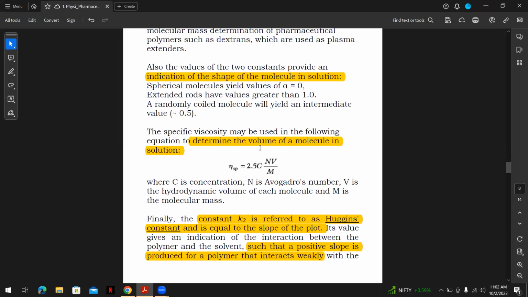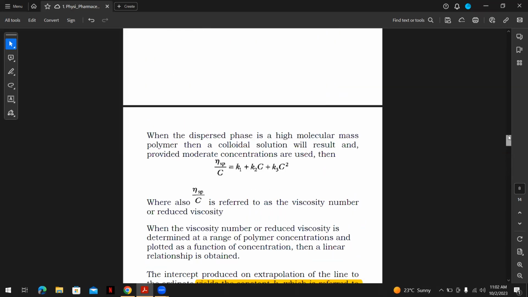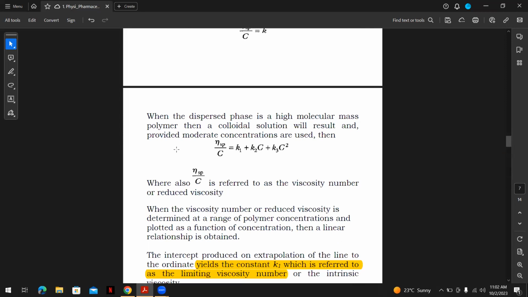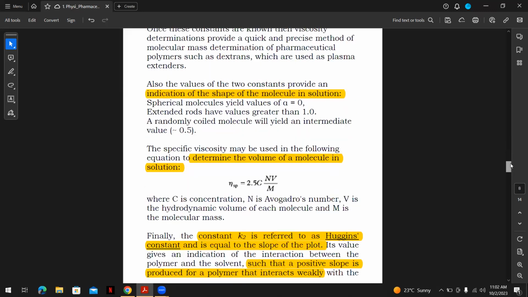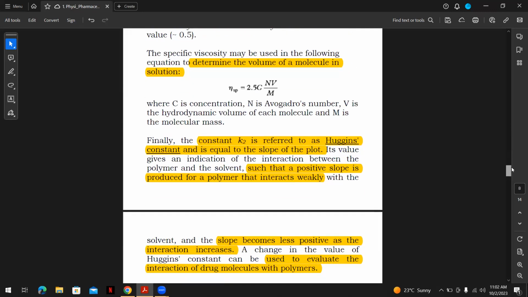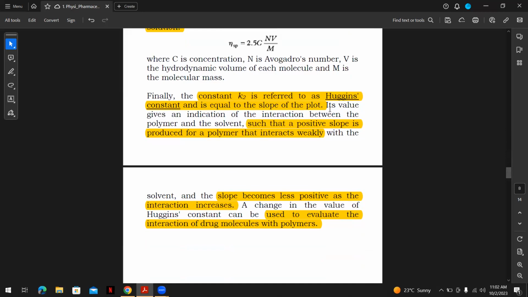So how do we get the Huggins constant K2? You wonder where K2 has come from. It's from this equation. In instances where it's a colloidal solution, you can have a series of constants. K2 is simply equal to the slope of the plot.